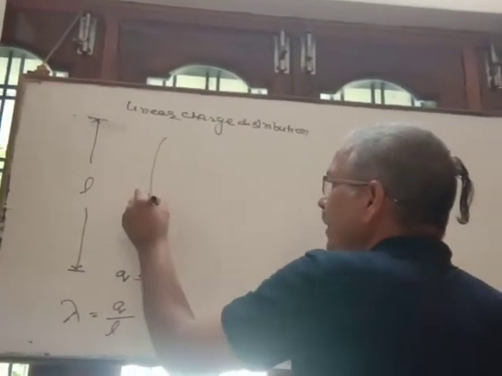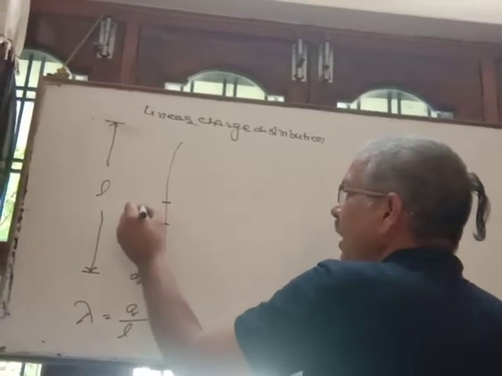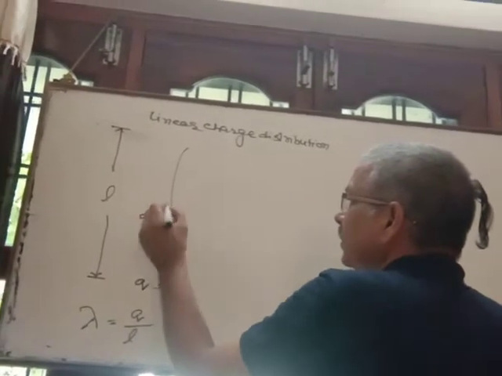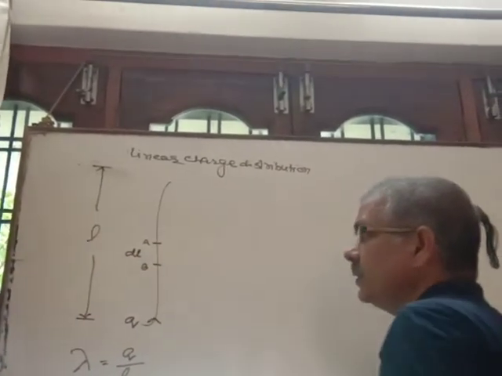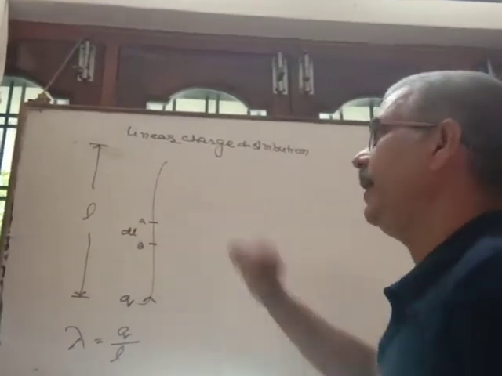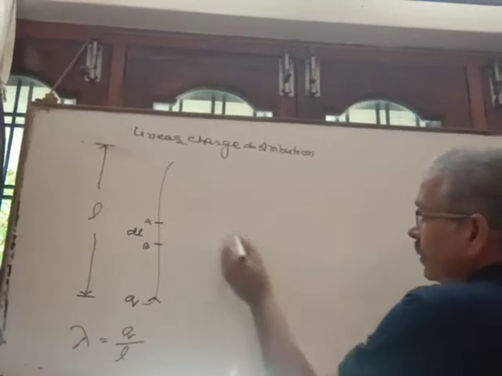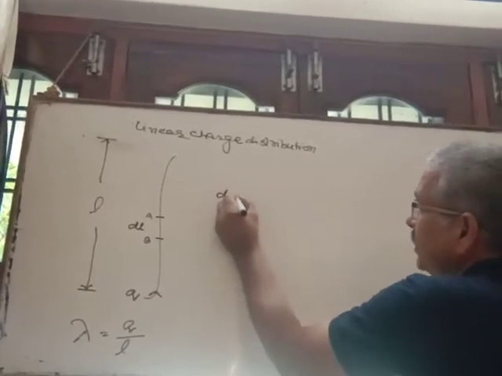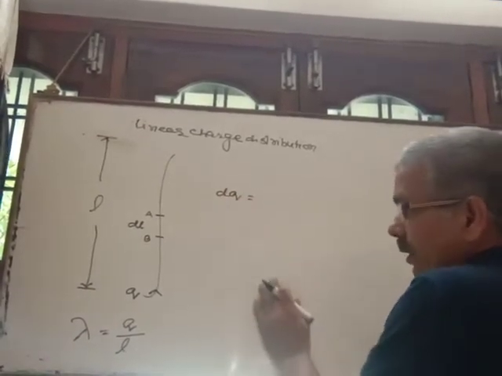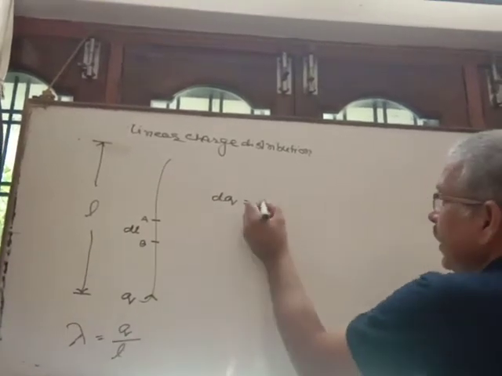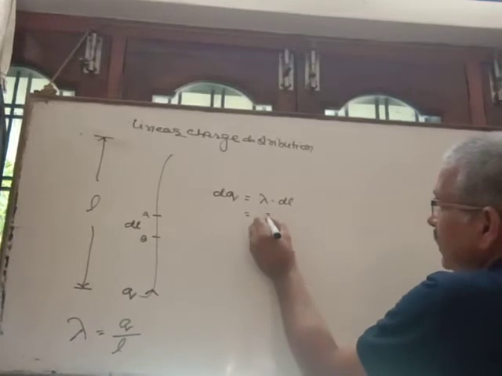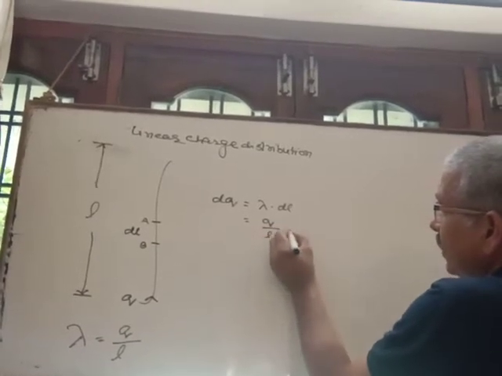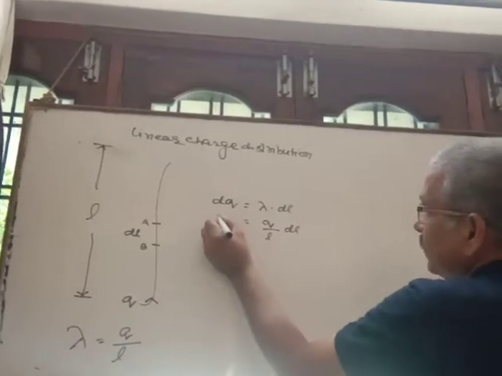Now take a very small segment of length dl. Suppose this segment is AB. What is the amount of charge present in this particular segment of the wire? The amount of charge, suppose it is dq, is equal to charge density lambda into length, that is Q by L dl.